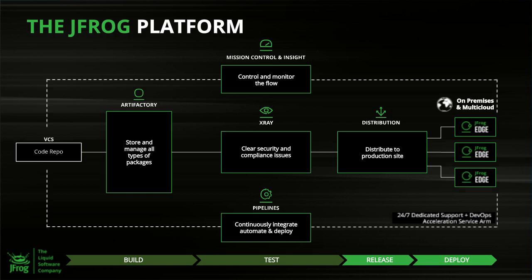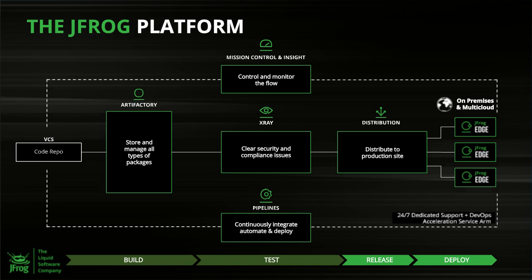It hosts them, stores them in repositories with specific access privileges, and that allows those binaries or those builds to migrate from one repository to another to support the life cycle of your software.